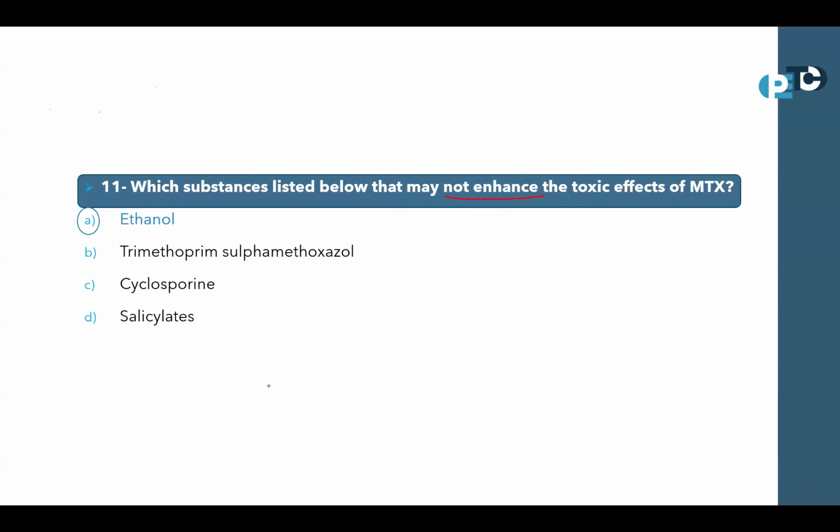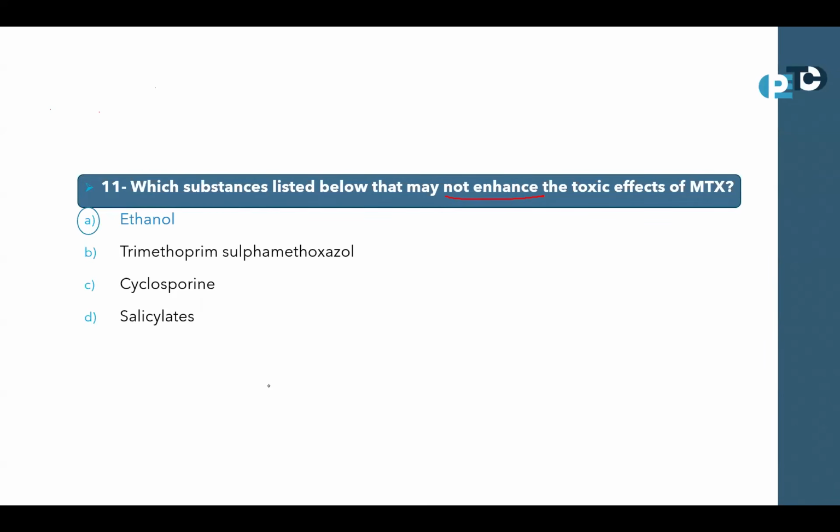Cyclosporin is an inhibitor, so it increases the level of methotrexate, so increasing its toxicity. Also, salicylate will interact with methotrexate and enhance its toxicity. So ethanol here is the drug, regarding those choices, that will not enhance the toxicity of methotrexate.